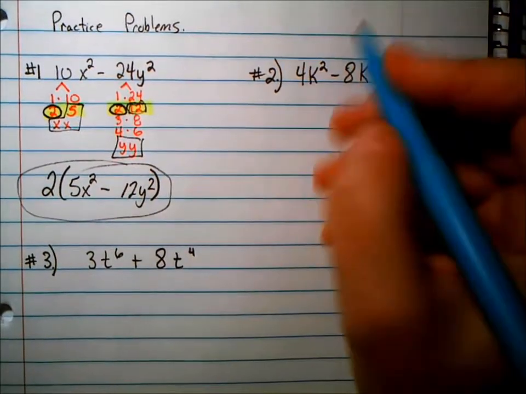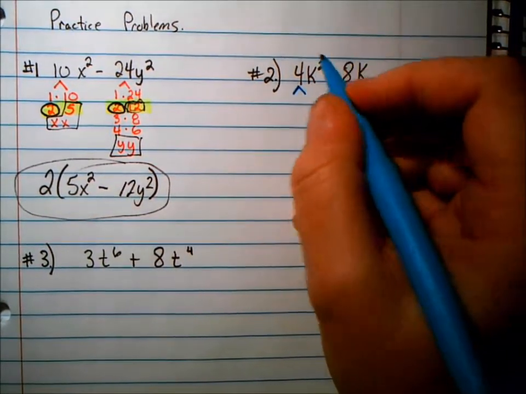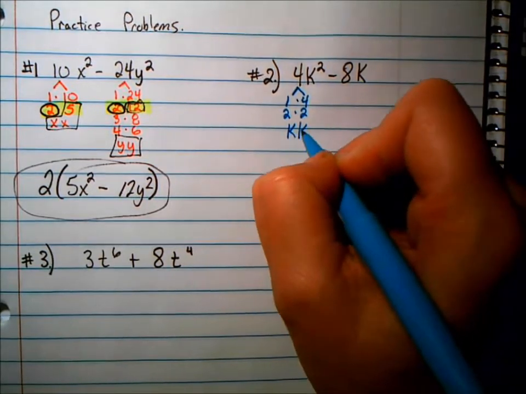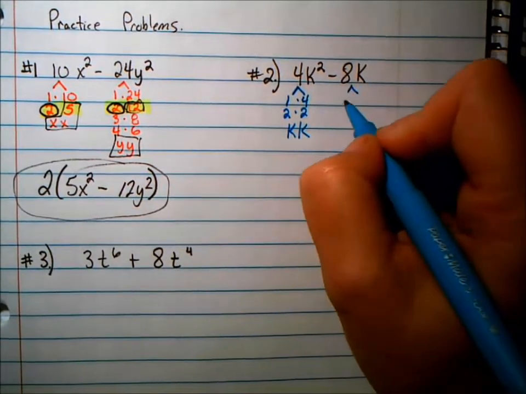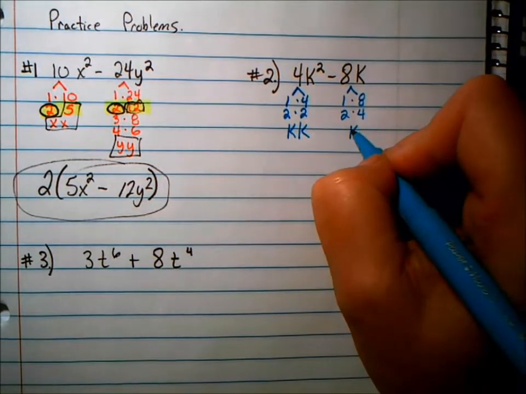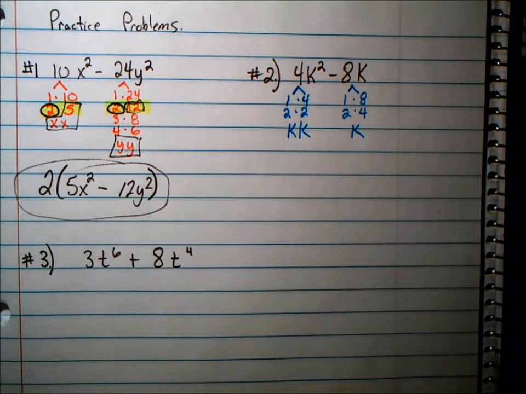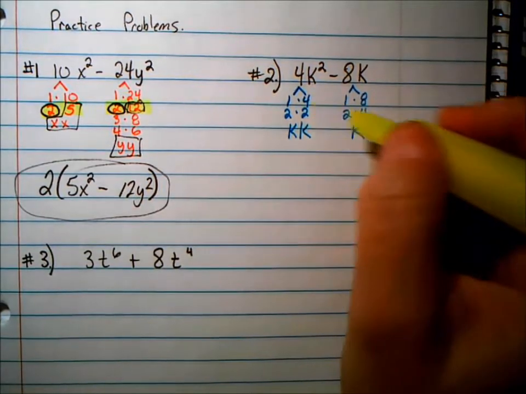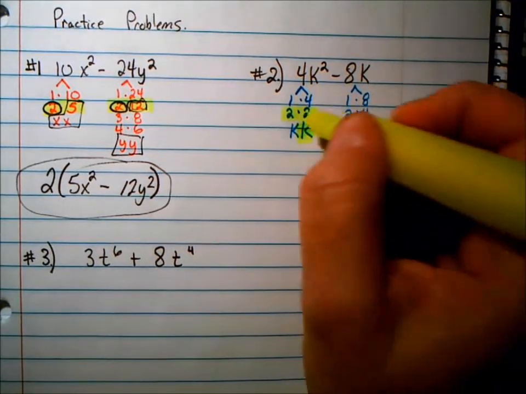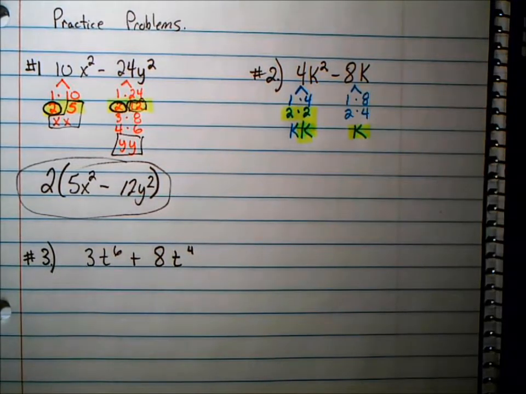On number 2, the 4k squared splits into 1 and 4 as well as 2 and 2 with 2 k's. The 8 is a 1 and 8, and then a 2 and 4 with only one k. If I highlight, I notice I have k's, as well as, oops, I highlighted the wrong one there.